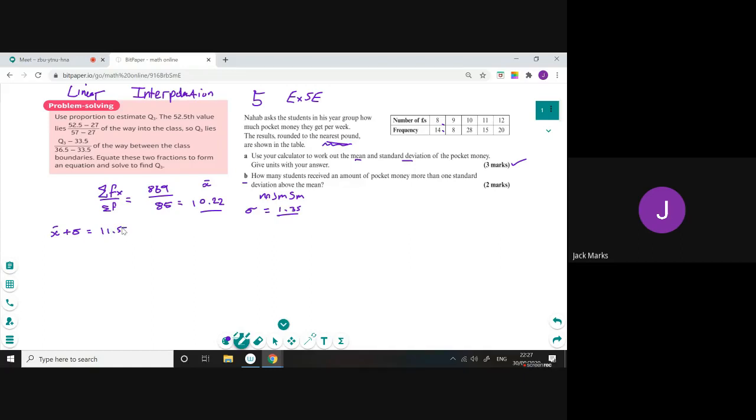So the question's asking us really, how many people are above 11.57 here? And it's not as simple as just saying 20, because things here have been rounded to the nearest pound.